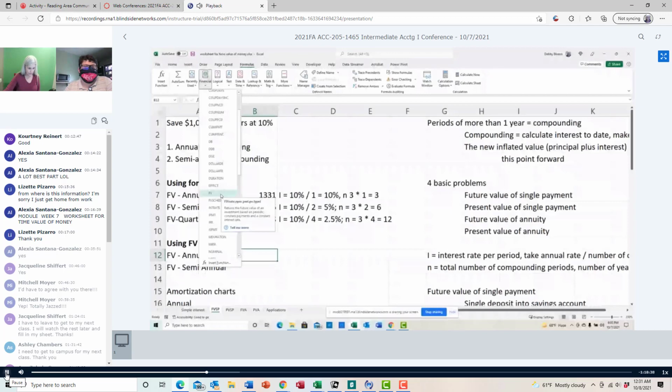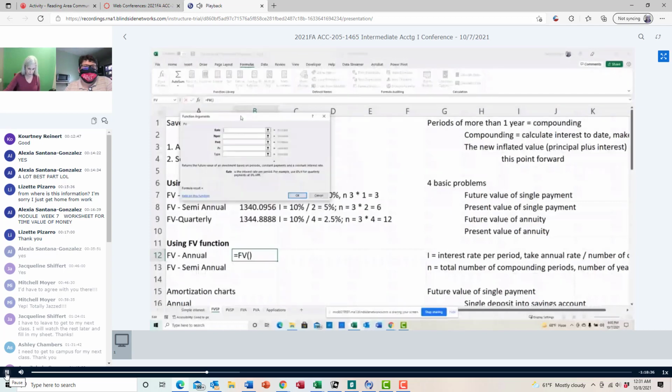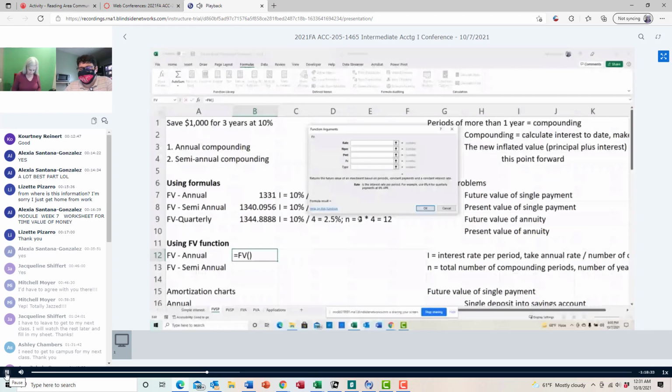If we're using annual, our rate is 10%, or you could use 10% divided by 1. The number of periods is 3 because it's over 3 years.